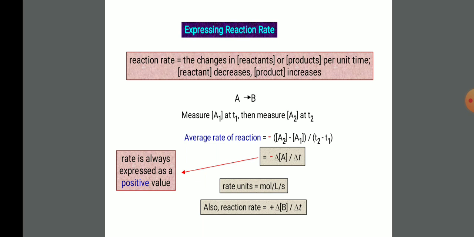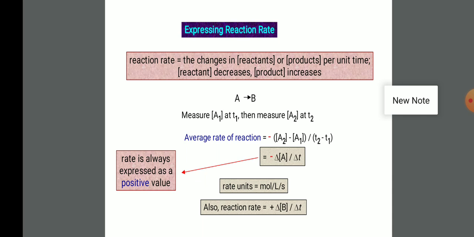The average rate of reaction is minus (A2 minus A1) divided by (T2 minus T1). T means time. The rate is always expressed as a positive value, therefore the negative sign is cancelled: minus delta A divided by delta T, where delta A is A2 minus A1 and delta T means T2 minus T1.